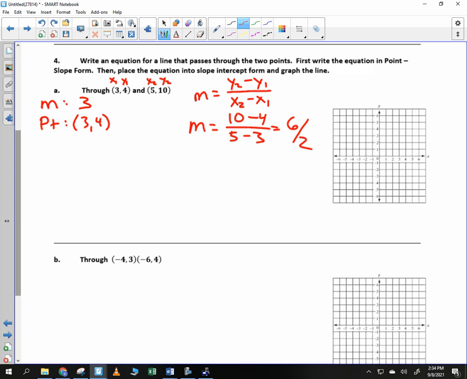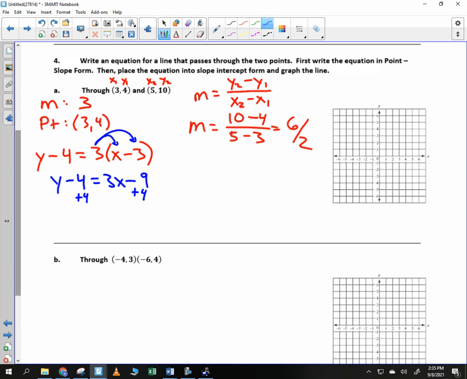Do I now have enough information to put it in point-slope form? y minus 4 equals 3 times x minus 3. So if I want to put that into slope-intercept form, I've got to distribute that 3 to get y minus 4 equals 3x minus 9.